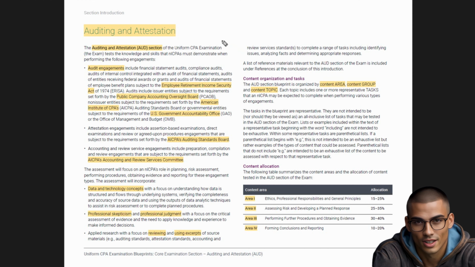So getting into what you'll need to know for the auditing and attestation section of the uniform CPA exam. This section is going to test your knowledge and skills of what a CPA candidate must demonstrate when performing the following types of engagements.